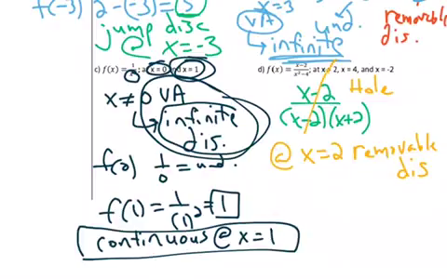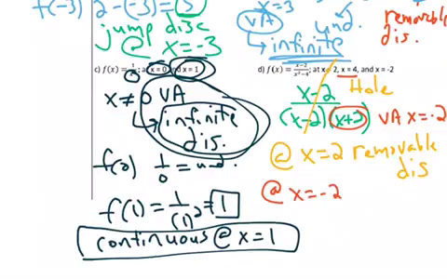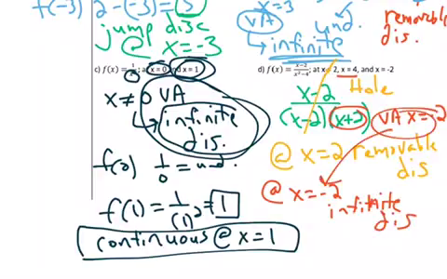We're also supposed to check 4. Although I also see this factor, and I know that means there's a vertical asymptote at x equals negative 2. So I can say at x equals negative 2, there is infinite discontinuity because of the vertical asymptote.